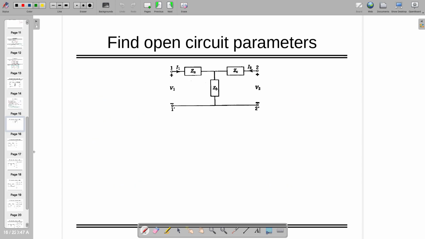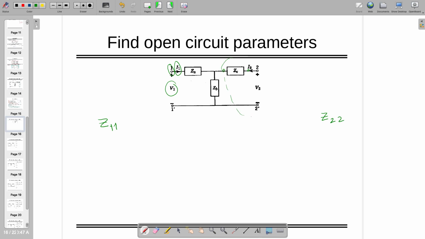Okay, so we'll find out Z11 and Z22, which will be easier. What will be Z11 when there is V1 and I1 at this port? At that time, the other port is open circuited.